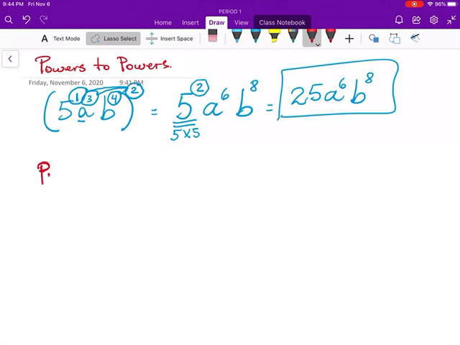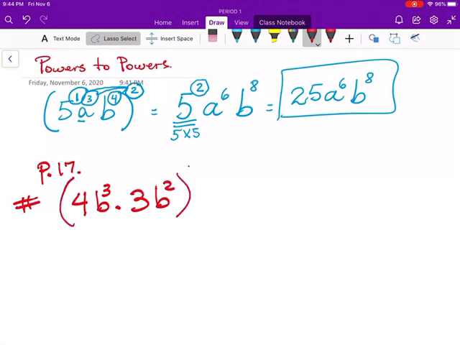So I'm going to go over page 17. If we look at question 2, if you already did that, make sure you check your work, okay? So we have 4b to the power of 3 times 3b to the second power, and all these to the power of 3. First of all, make sure that you understand that the power 2 belongs only to the b.